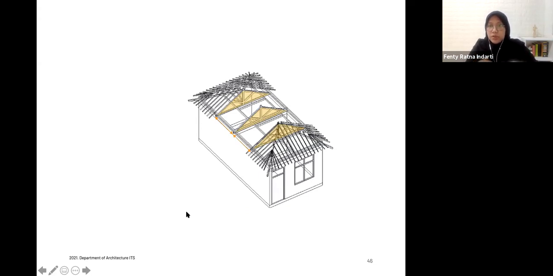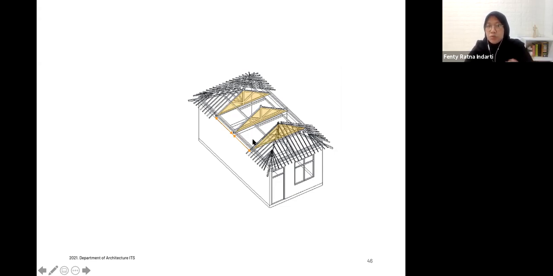So for example, if you are using a wood rafter, then you have to consider the maximum size of the wood rafter itself. Each distance is related to the availability of the wood in the market.